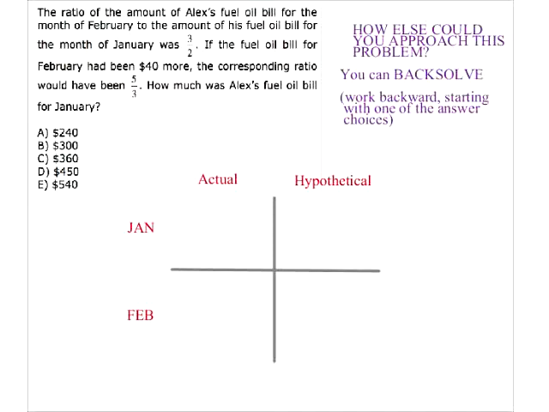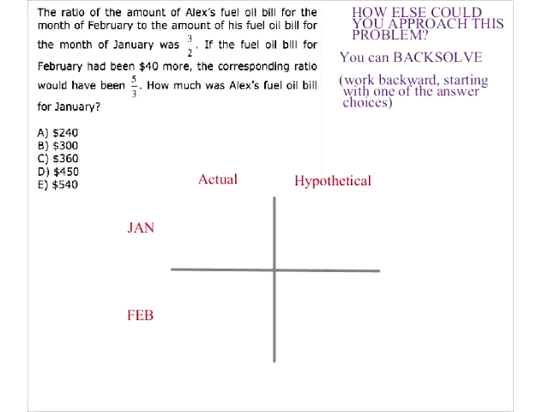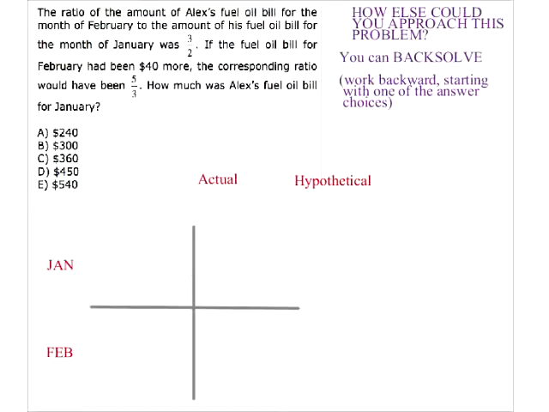This is one of the most important things that you can possibly know for the quant section of this test: how to backsolve and how to do other backup methods. In fact, backsolving can solve something like 20 or 30% of all of the multiple choice questions. So if you don't know what backsolving is, or if you don't ever use it, then make sure you watch one of the other study halls.